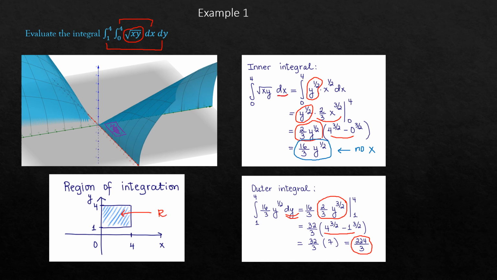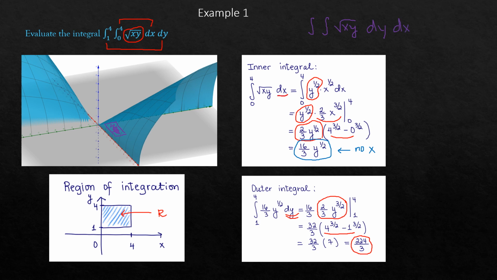All right, so what I would like for you to do, as a little challenge, it's not really challenging, but I would like for you to pause this video and then swap the limits and the order of integration. So what do I mean by that? Instead of doing this, do the following. Do the double integral, same function, and now we're going to do dy first and then dx second.